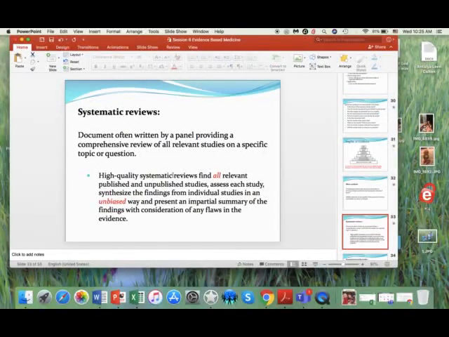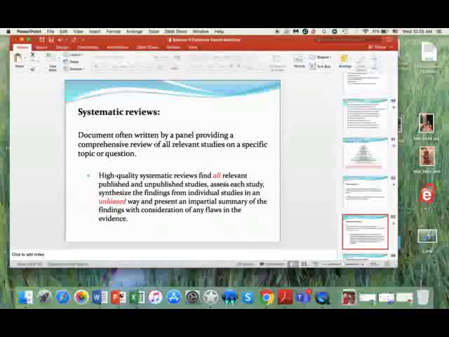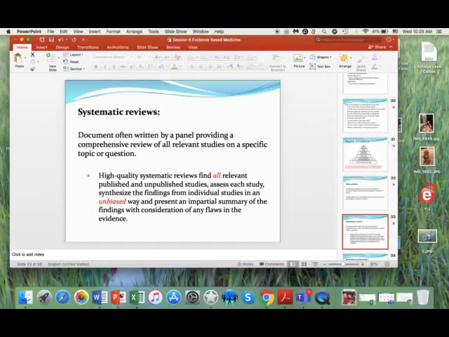And so a high quality systematic review finds all the relevant published and unpublished studies. They assess each study, they group it all together in a way that's unbiased, and they present hopefully an impartial, unbiased summary of the findings, and then they'll also discuss any flaws in the evidence.